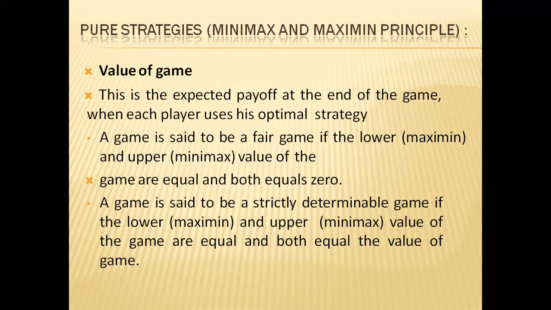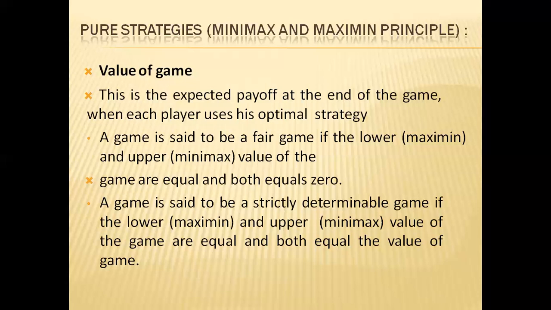So we are all aware of this optimal strategy: when the maximin value and the minimax value coincide with each other, or equal values are obtained, then the saddle point comes into existence, and the similar values will be obtained as remainders in both rows and columns.